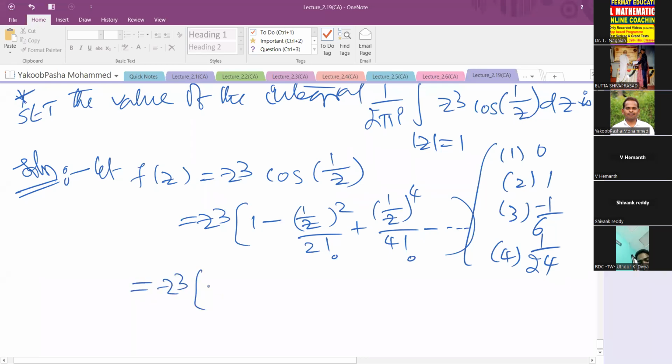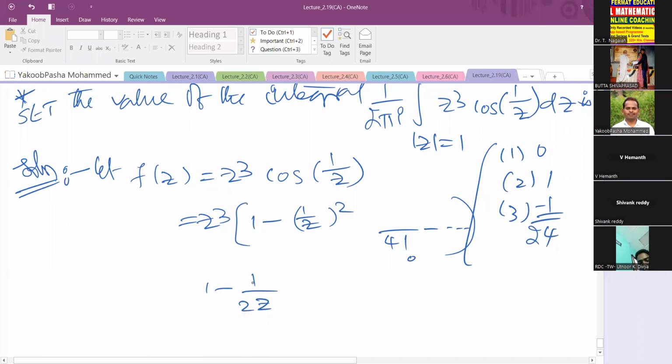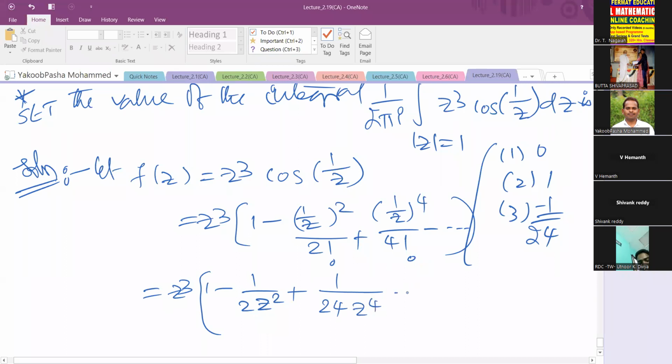That is equal to z cube times (1 minus 1 by 2z square plus 1 by 4 factorial, which is 24, z power 4, minus and so on).